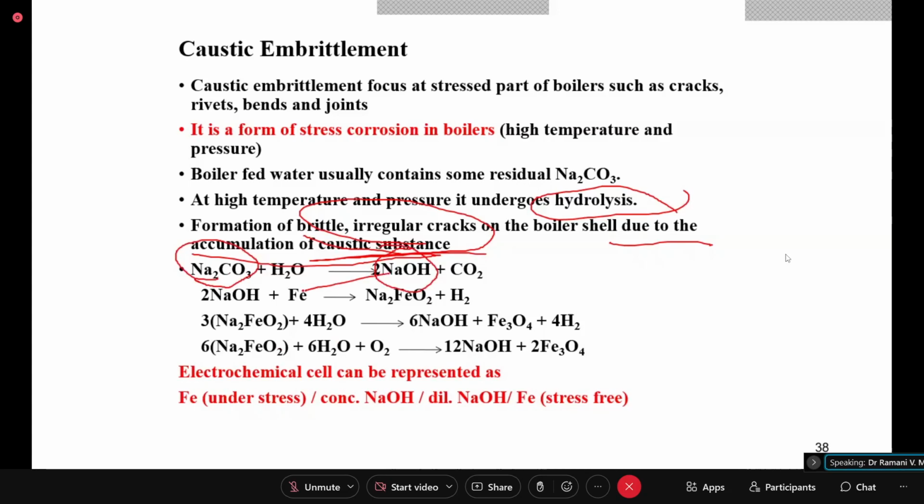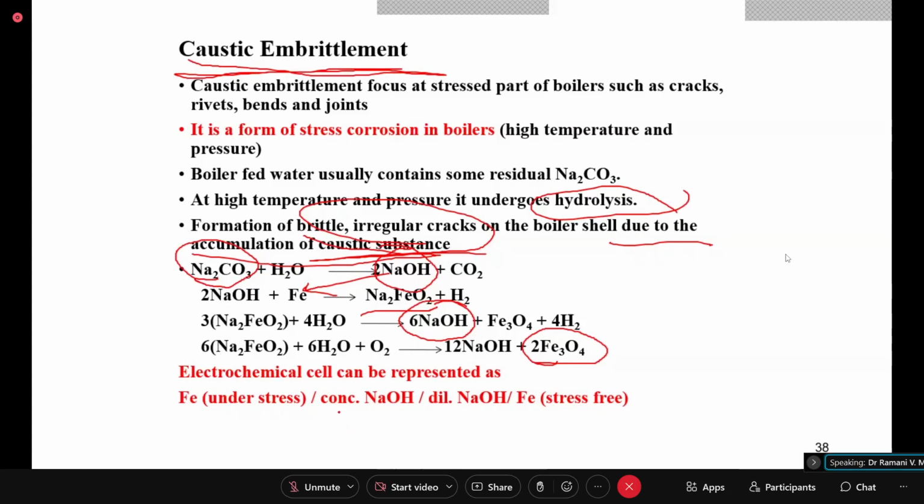This sodium hydroxide attacks the iron metal, forming Na2FeO2, and it will keep on producing NaOH repeatedly, and this will lead to corrosion of a large amount of iron, and that is how the embrittlement occurs, or the boiler metal becomes thin and the danger of explosion is there.